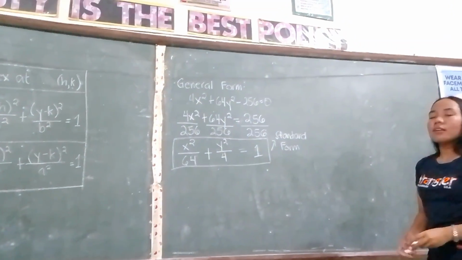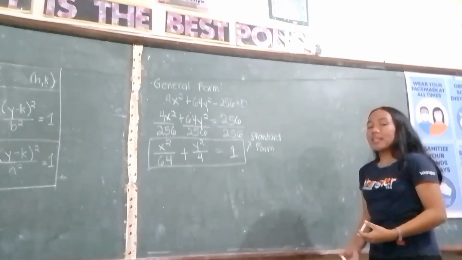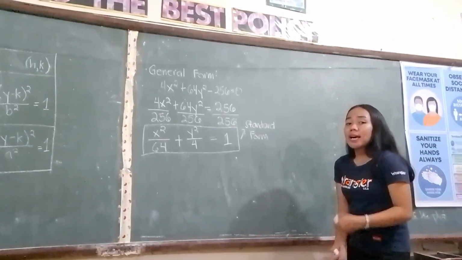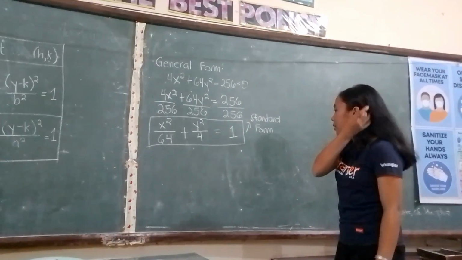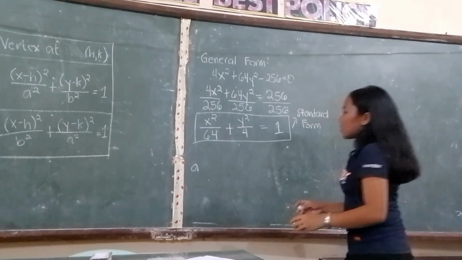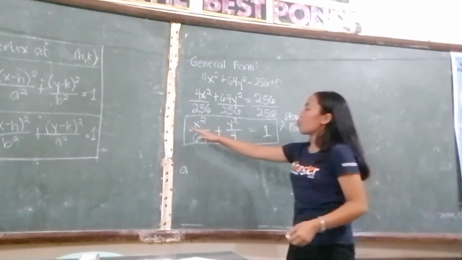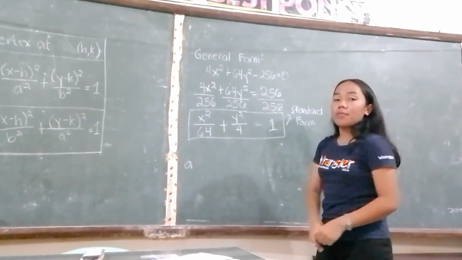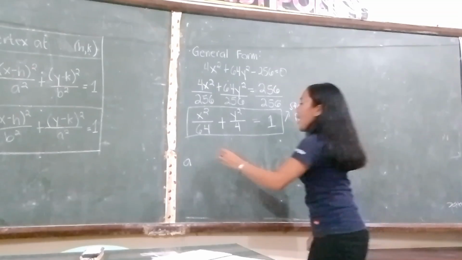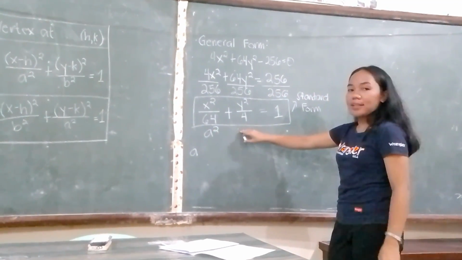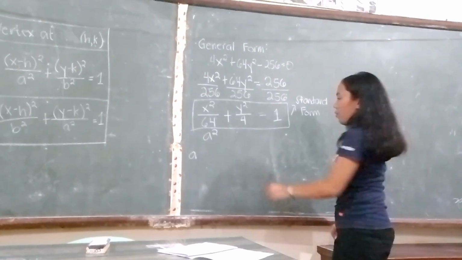And to plot our coordinates in our rectangular coordinate system, we must have its parts. So we have here the a. Since x squared all over 64 has the highest denominator, x squared all over 64 is our a squared, and our b squared is the y squared all over 4.